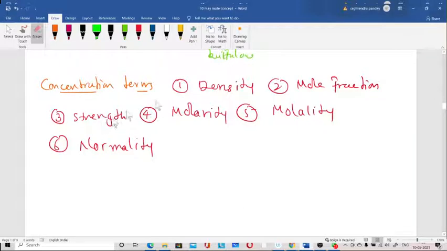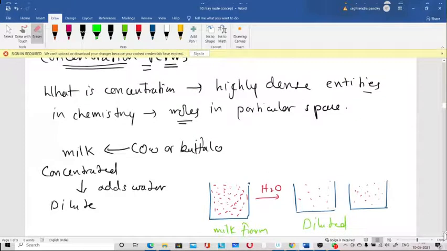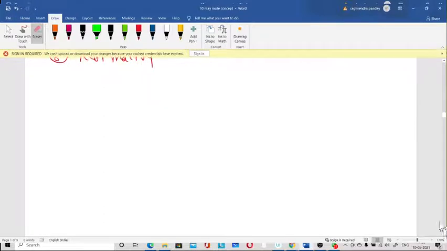Density and strength are somewhat similar, we will study them. Let's take them one by one. Today I will take density only because time is limited.